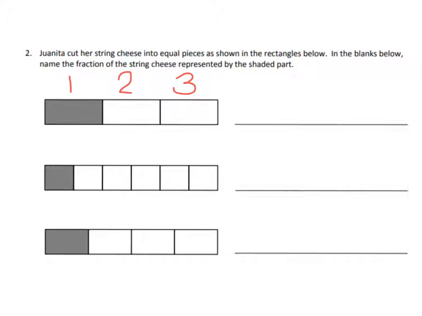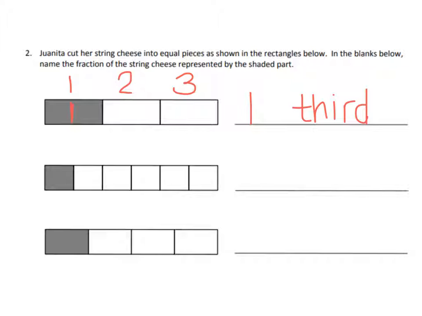So that means that there are thirds. I see that there is 1 piece shaded in. So that means it is 1/3. So I can go ahead and erase the S because there's only 1.